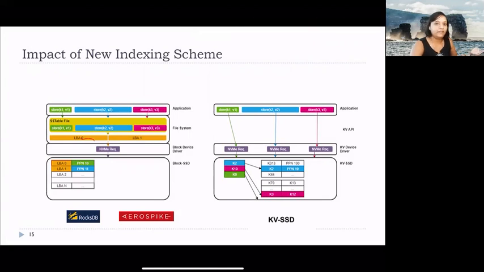Some of the popular indexing techniques are multi-level hash tables, log structured trees, LSM trees, B+ trees, etc. The current key value SSD that we evaluated in this work was using multi-level hash tables inside its structure to index the data. So how does it change things, or what is the impact of a new indexing scheme inside the SSD?